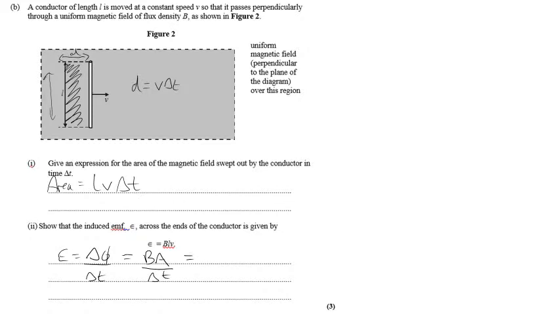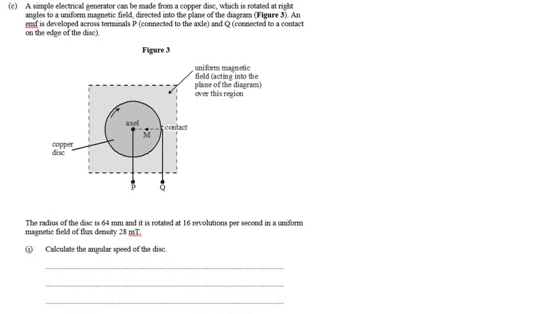Now we are going to use the expression we've just derived, so this becomes B L V delta t, because that's our expression for A, divided by delta t. Our delta t's cancel, and we get EMF is equal to B L V, as we were asked to prove, QED.